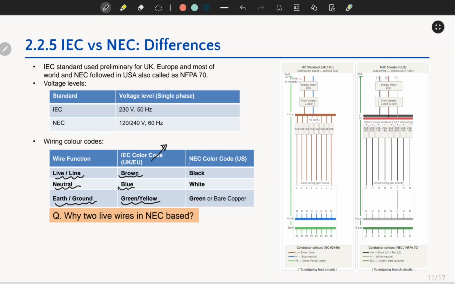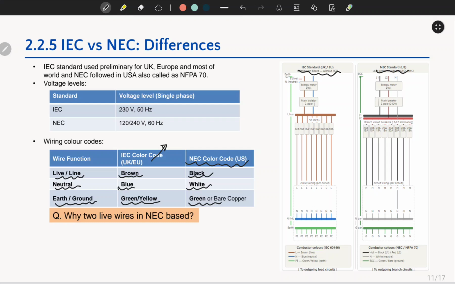In case of the NEC color code, the line wire should be black, the neutral will be white, and my earth ground will be green. So we can understand this in these two diagrams also. This is for the IEC and this is for NEC.